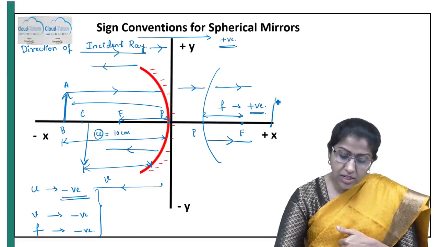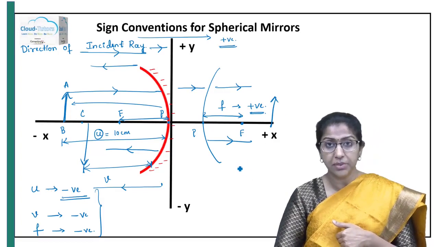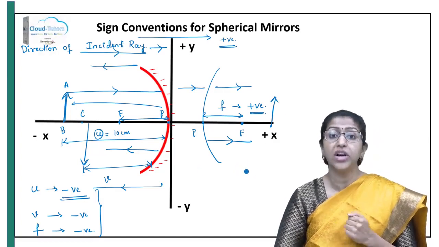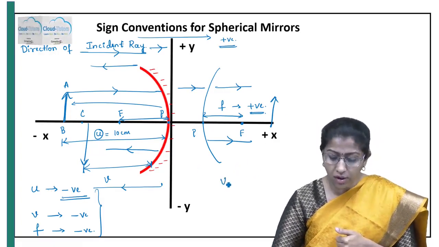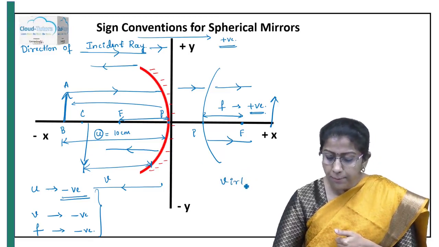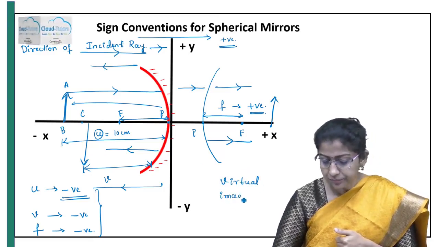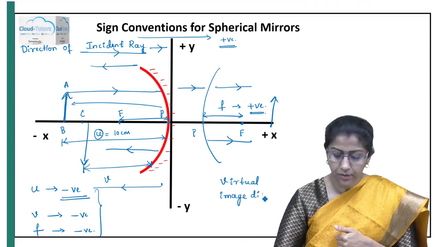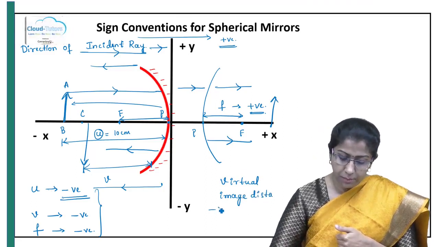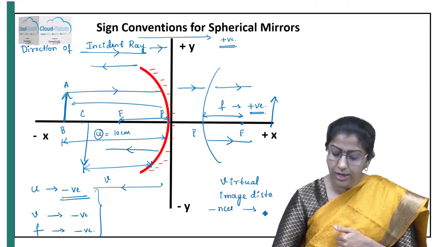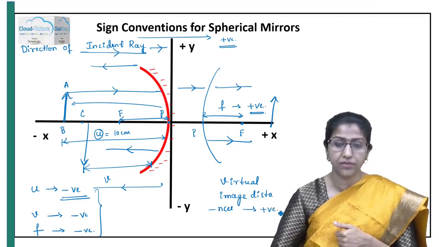The image distance for virtual images is always positive. Virtual image distances are always positive.